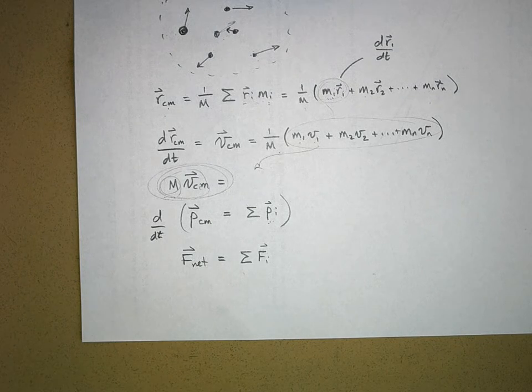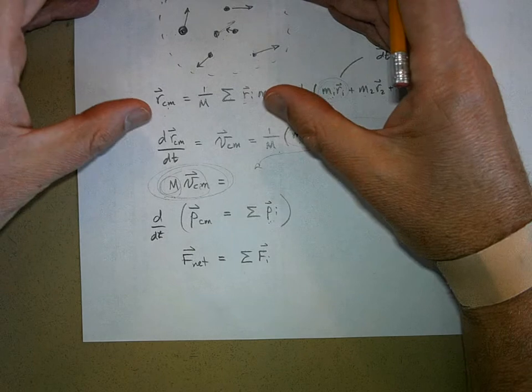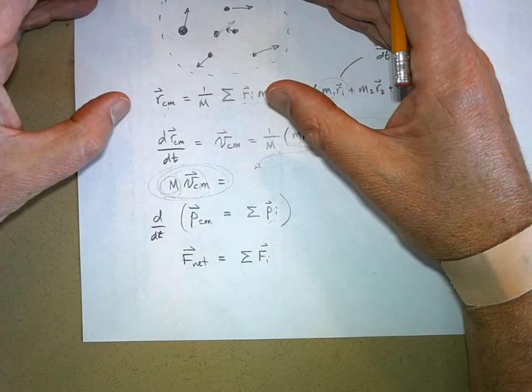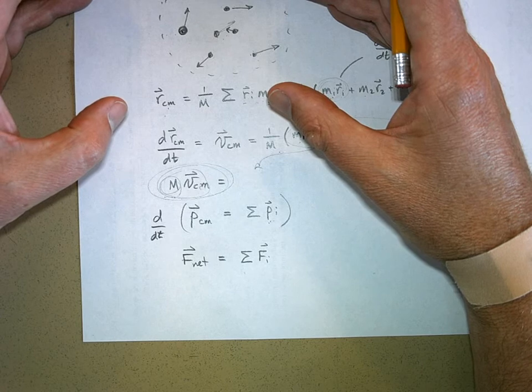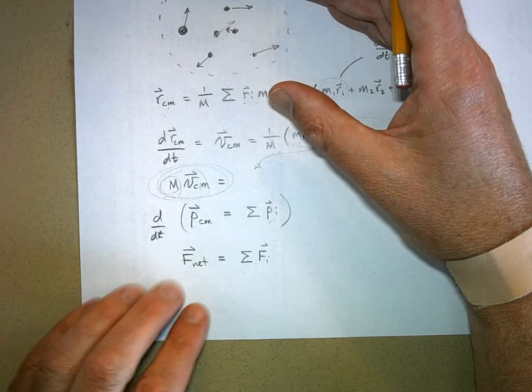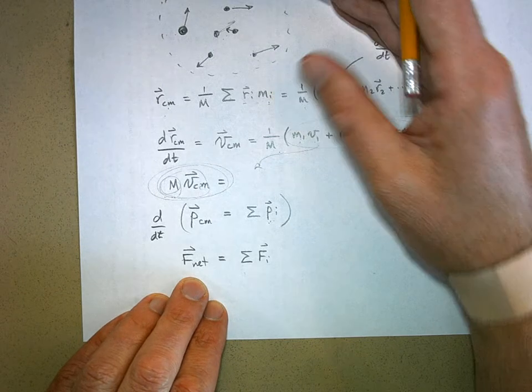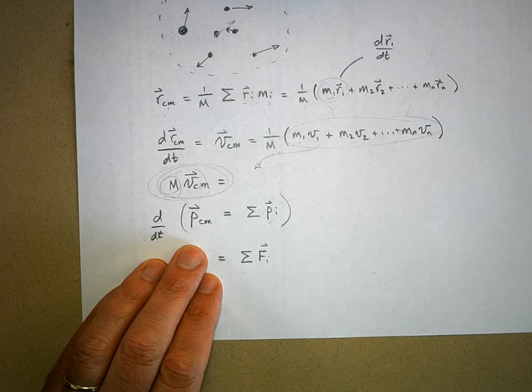And so now, what if there is no net force? What if my system is isolated from the universe? So we're not exchanging mass with the rest of the universe, and there's no net outside force acting on my system of particles. What's going to be true about this net force? It's going to be 0. Now, the derivative of what is equal to 0?